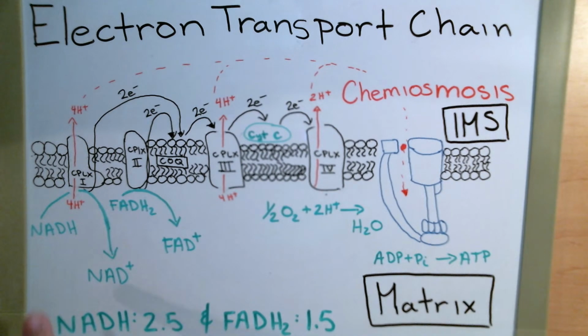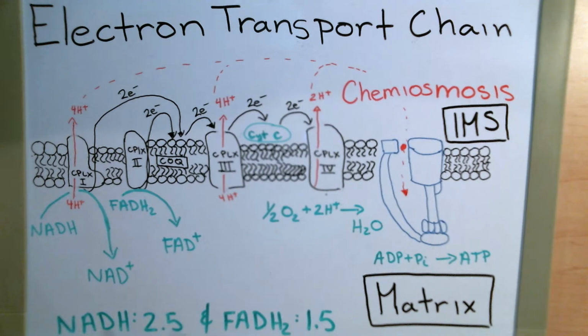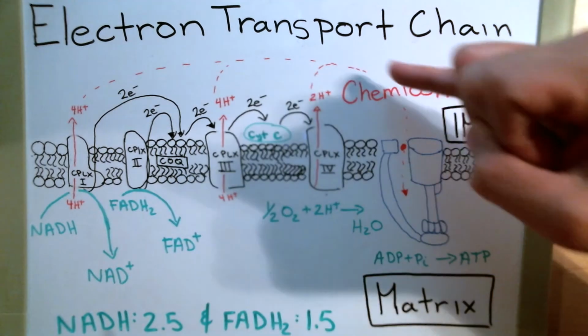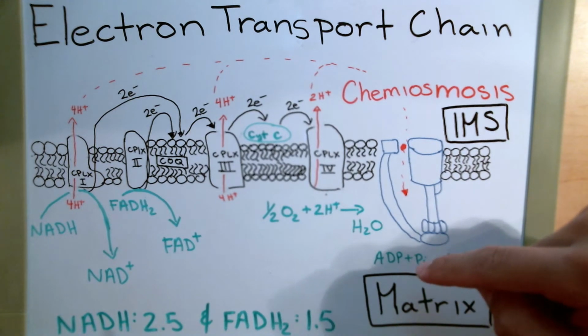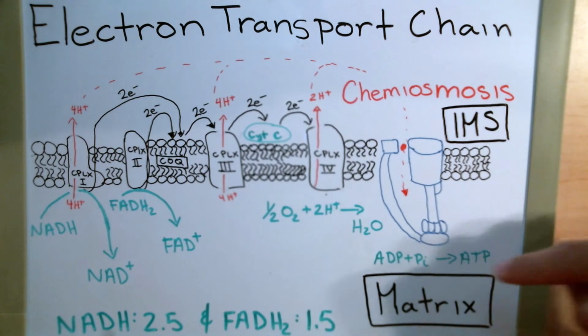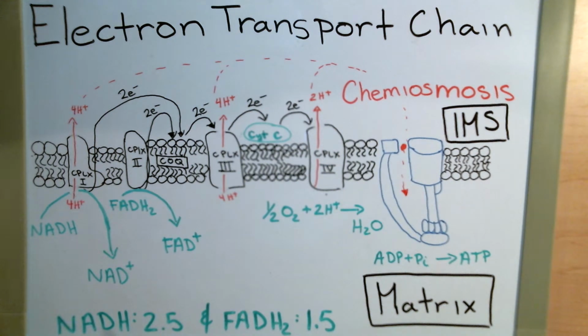So as you can see, NADH displaces more protons because it starts higher up in the chain, while FADH2 starts farther down the chain. So it would only make sense that NADH, since it displaces more protons and more protons pass through here, more ADP is brought together with inorganic phosphate to make ATP. And this happens for every NADH and FADH2 molecule.